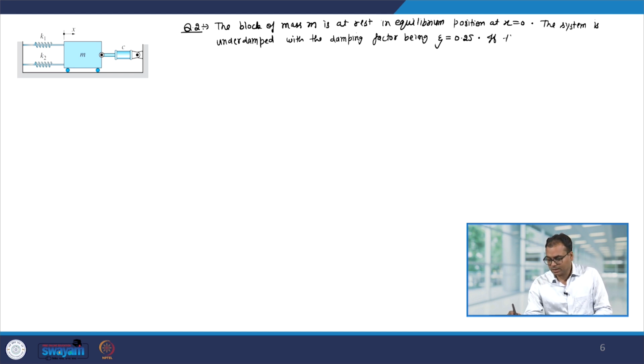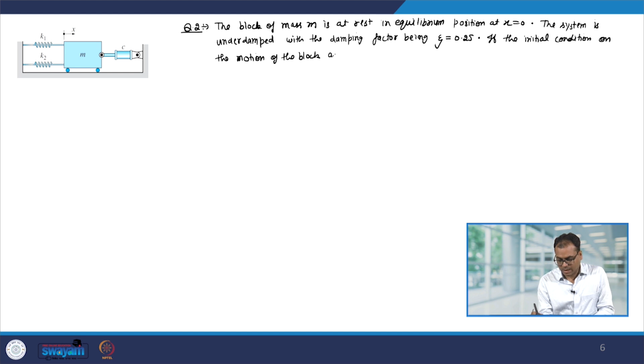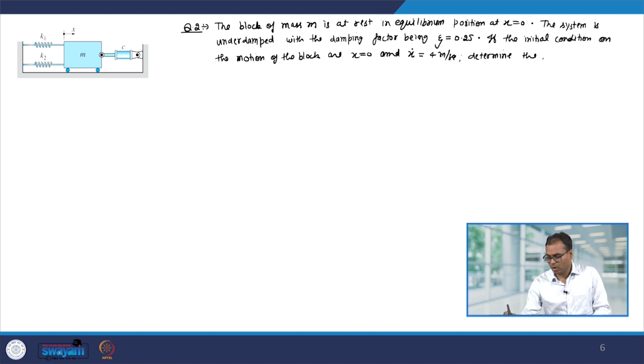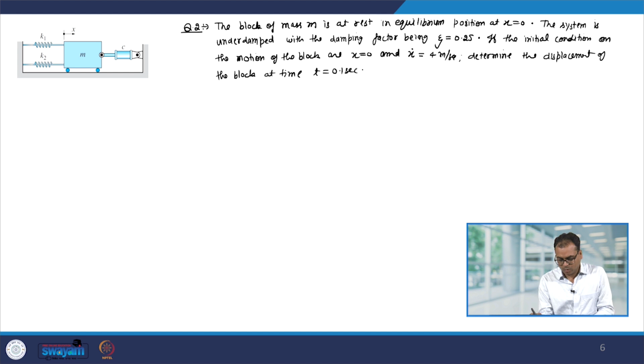If the initial conditions on the motion of the block are x equal to 0 and x dot equal to 4 meter per second, determine the displacement of the block at time t equal to 0.1 second.